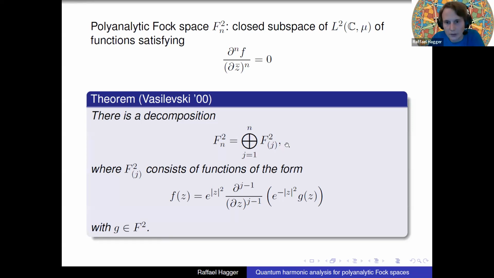It would be reduced exactly by this decomposition. If you're interested in the full polyanalytic Fock space, afterwards you could just put it back together: prove everything on these smaller spaces first, and then put everything together again. But for now, because it works better with our theory, we just consider these true polyanalytic spaces.